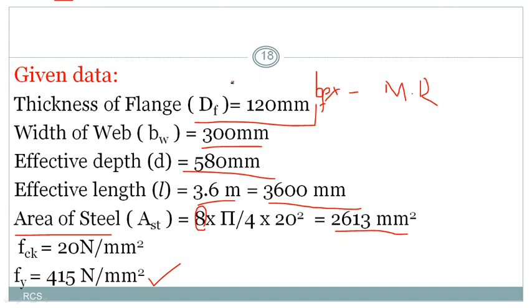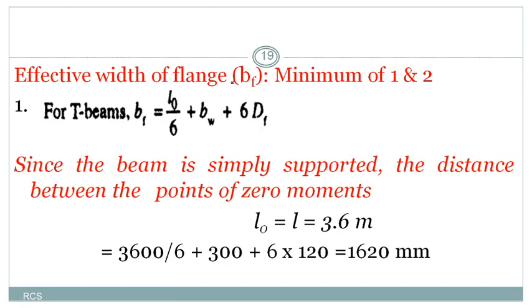We know the conditions for calculating the effective width of the flange. There are two conditions, and the minimum of the two values will be considered as the effective width of the flange. Those are given by our code IS 456-2000. For calculating the effective width of the flange, we are assuming it as a monolithic T-beam, because it does not mention anything like isolated, so we can assume it as a monolithic T-beam.